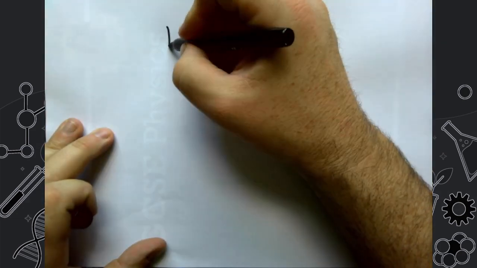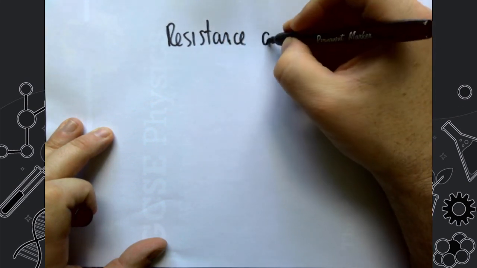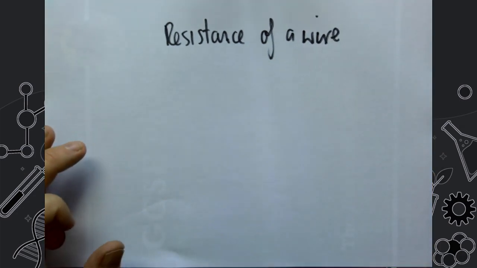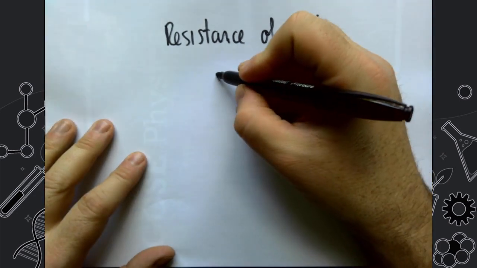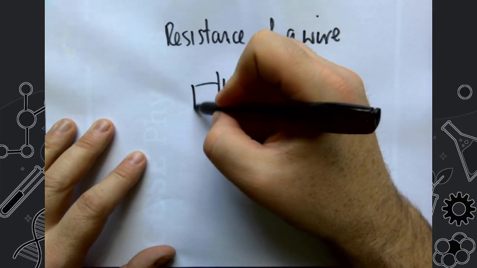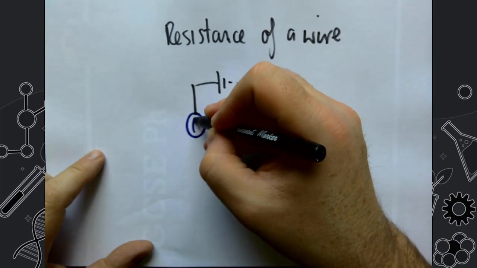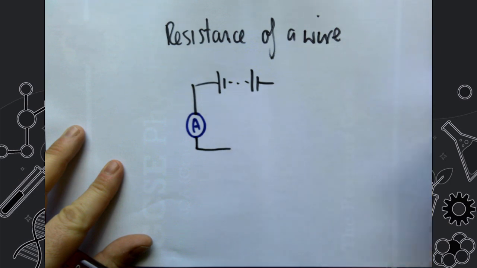Let's discuss the first required practical, which is resistance of a wire. It's essentially going to be a power supply, like so, and we have some kind of an ammeter in the circuit, and that's going to be connected to a wire.